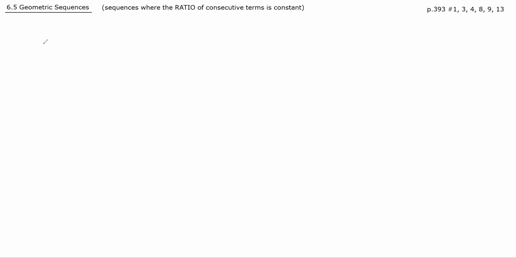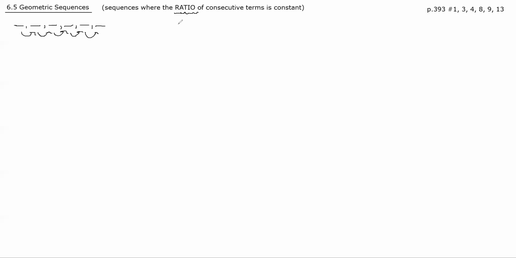Bust out a paper and pencil. Here we go. Geometric sequences are very similar to arithmetic sequences in that they are a bunch of numbers, just like before, separated by commas, of course, and it progressively does something. But take a look at the difference in the definition. A geometric sequence is a sequence where the ratio of consecutive terms is constant.